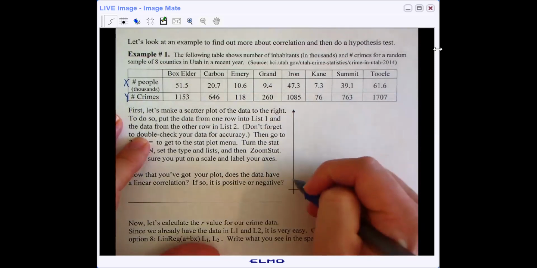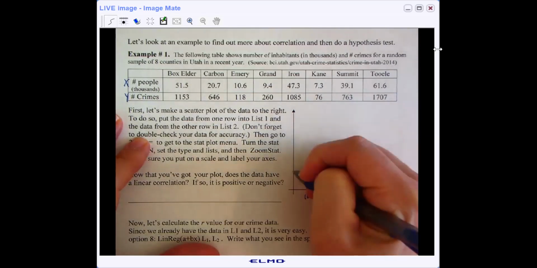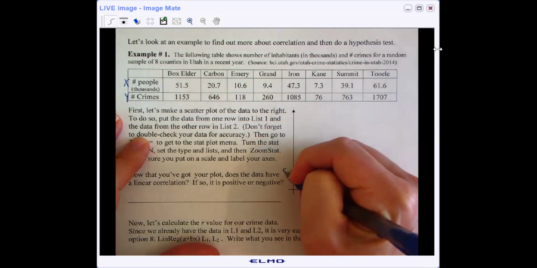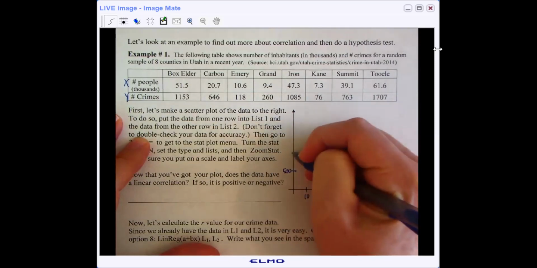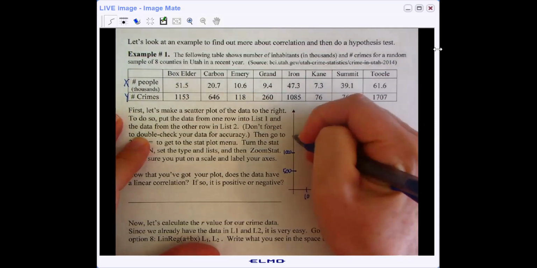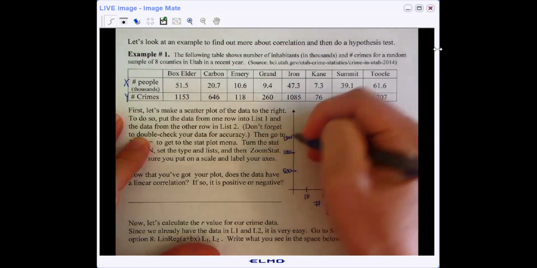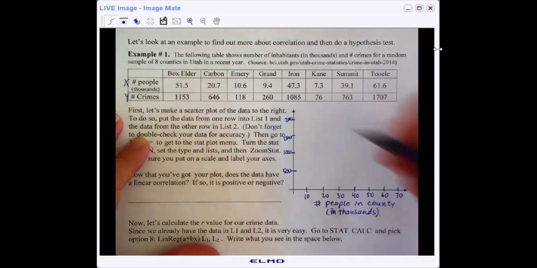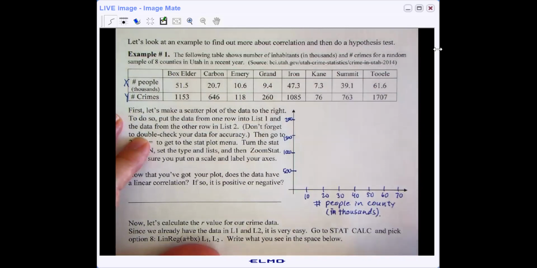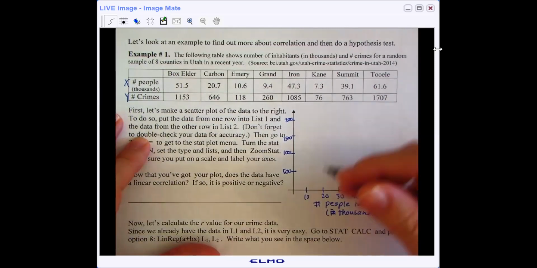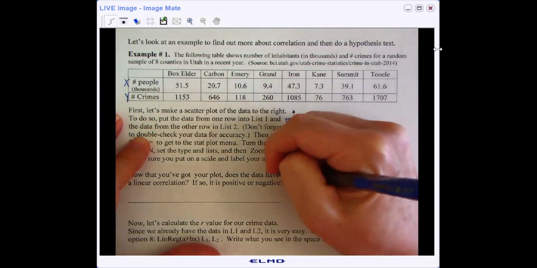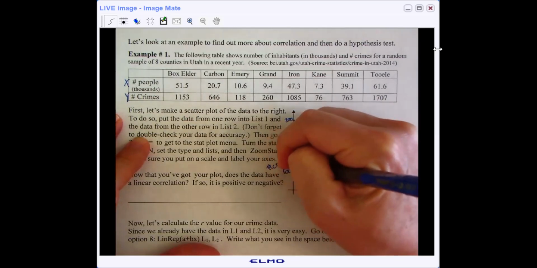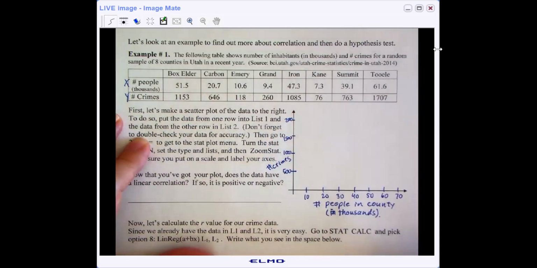So let's do 500, 1,000, 1,500, and 2,000. And as always, we need to label things. So on this axis, this is the number of crimes committed in the county.